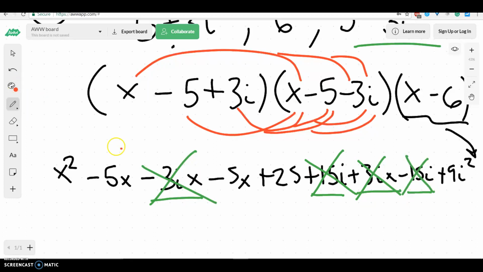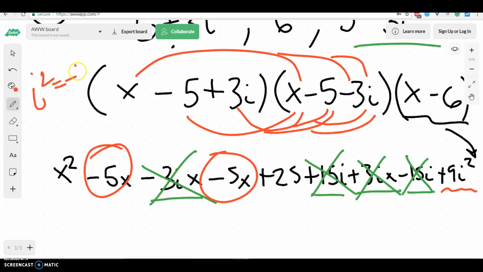These are like terms, so we can combine this and this. And this, even though it doesn't look like it's going to become something nice, we know what i squared is. i squared is equal to negative 1, because i is the square root of negative 1. So if you square that term, the square and the square root are going to cancel out.